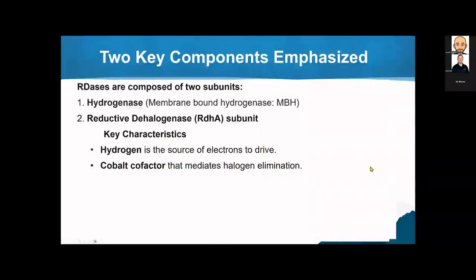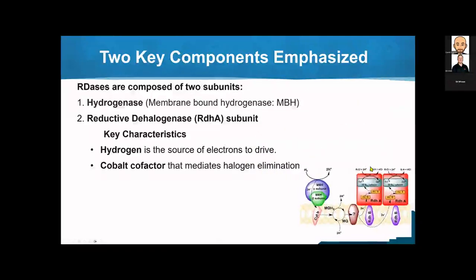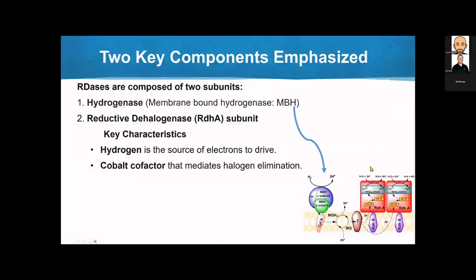So to emphasize that again, the reductive dehalogenase component requires hydrogen through the membrane-bound hydrogenase, and that cobalt factor, which is commonly known as B12. Without it, no membrane-bound hydrogenase, we're done; no hydrogen, we're done; and no reductive dehalogenase or the B12 factor, then we're done.